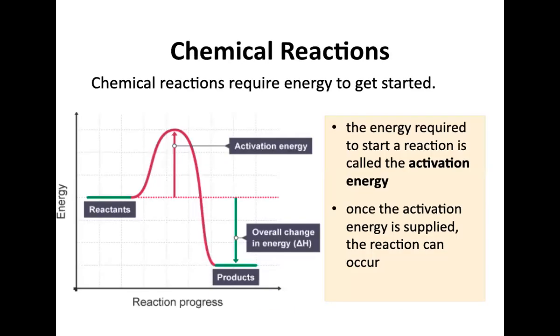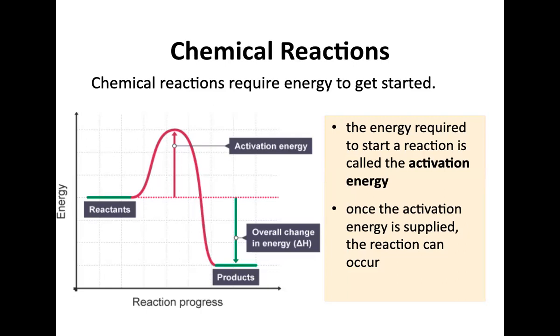All right. So chemical reactions require energy to get started, and we saw this yesterday. This was also another one of our vocab terms. So the energy that's required to start a reaction is known as the activation energy. The best way to remember that is that start also means to activate. So activation energy is what we need to start the reaction.